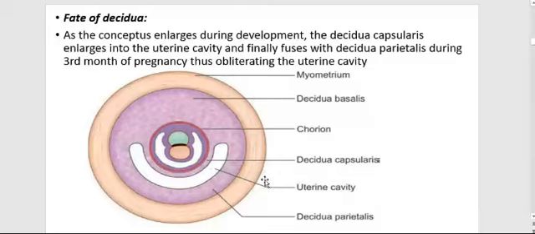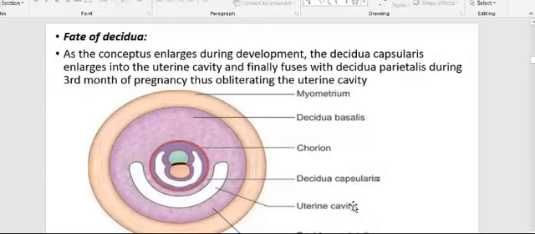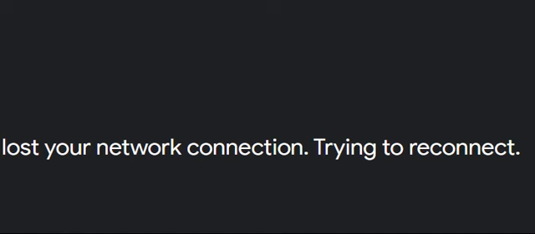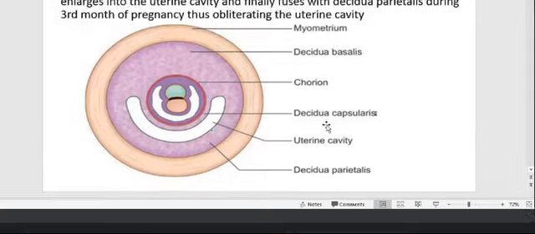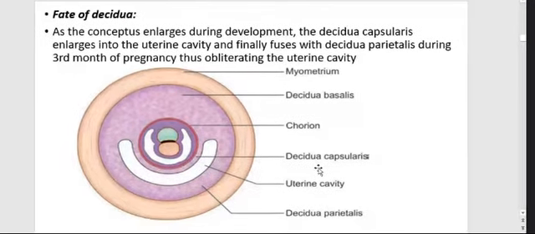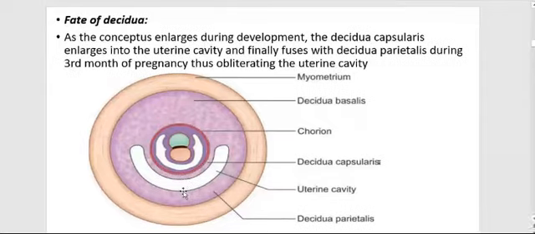As the conceptus grows bigger and projects into the cavity, by 3 months these two, the decidua capsularis and decidua parietalis, would have just been covered up, and the cavity obliterates.